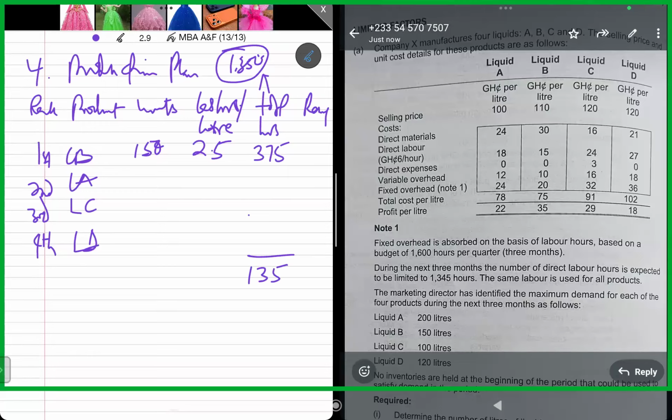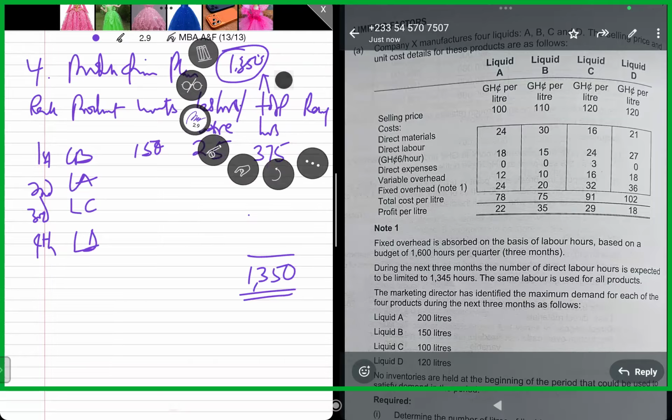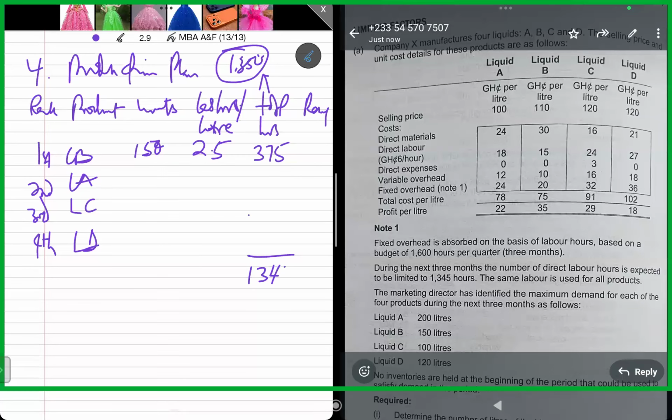I have to get this total at the end, because this is what I have available. Are you getting it? Is it 1,350? It is 1,345. I was using a different figure. So at the end, I have to get this total labor hours. That's what we have available. So that's how we are portioning it. So 1,345. That should be the total.